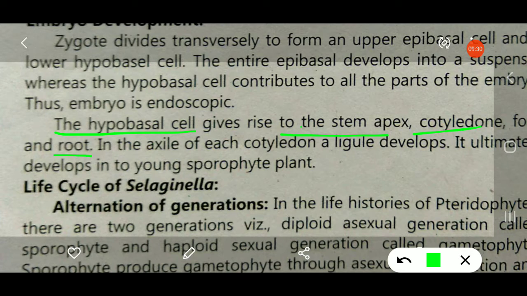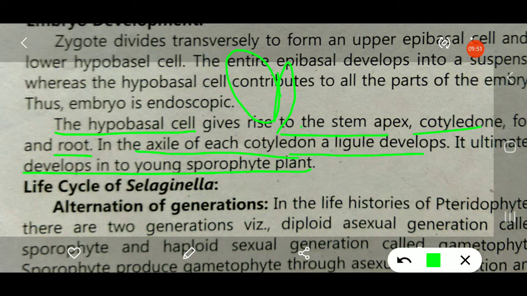In the axil of each cotyledon, a ligule is developed, and it ultimately develops into a young sporophytic plant.